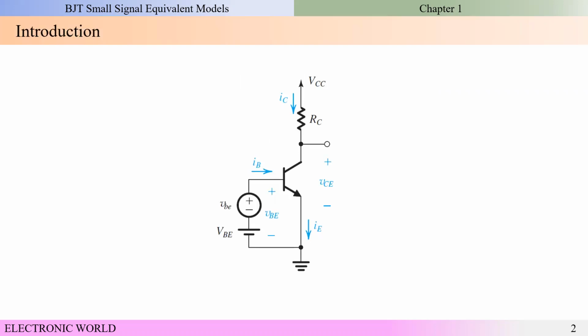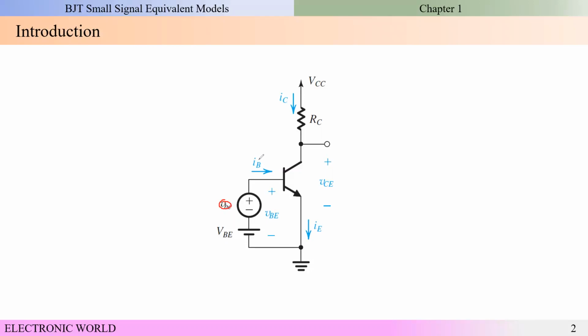So you can see that in this case, there is a small signal voltage source and the bias voltage source. The capital VBE denotes the bias voltage source, and the small vbe denotes the small signal voltage source.